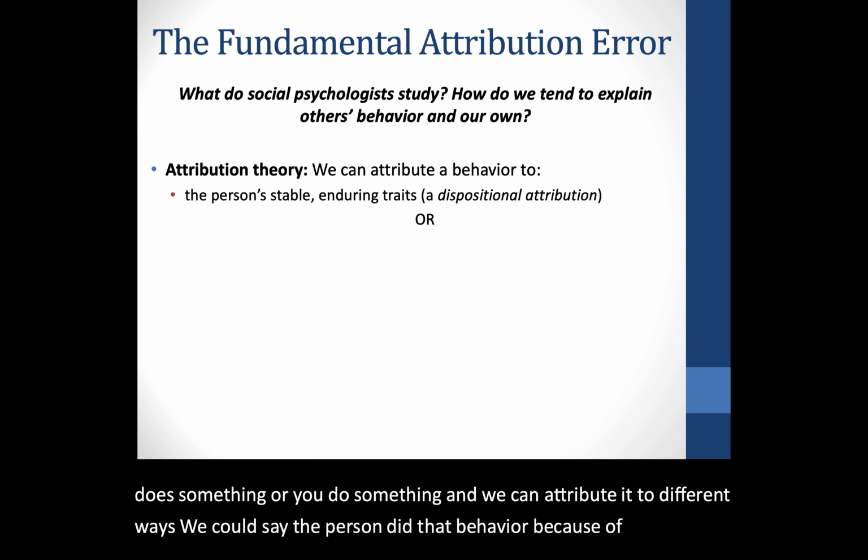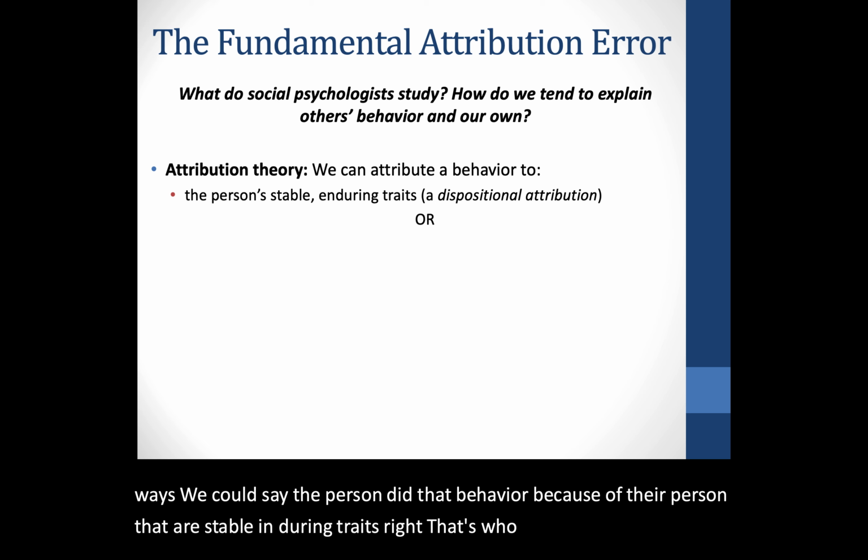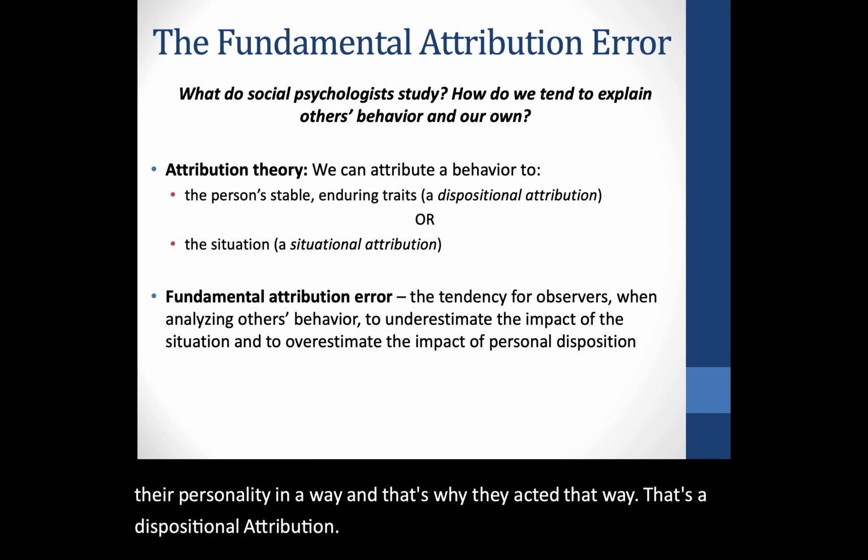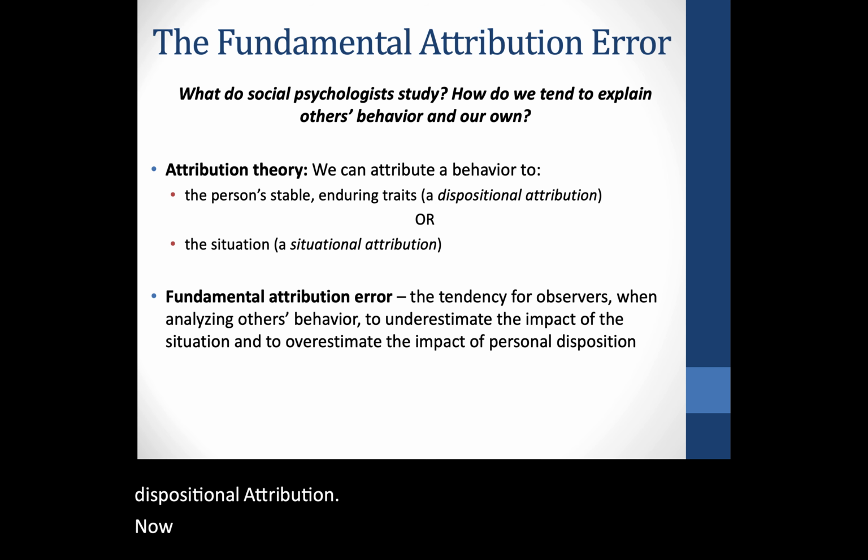That's who they are. It's part of their personality in a way, and that's why they acted that way. That's a dispositional attribution. Or we could say it's the situation that's causing the behavior, which is a situational attribution, okay?